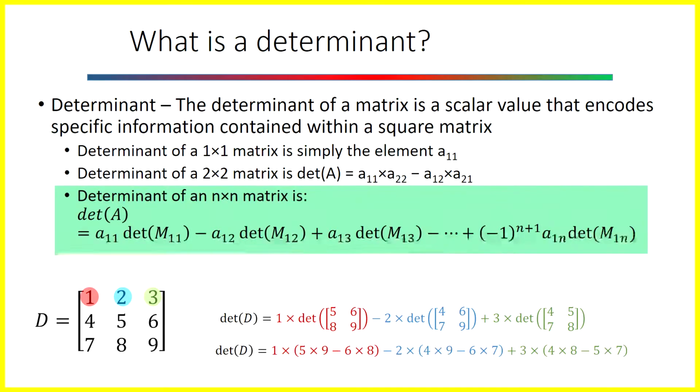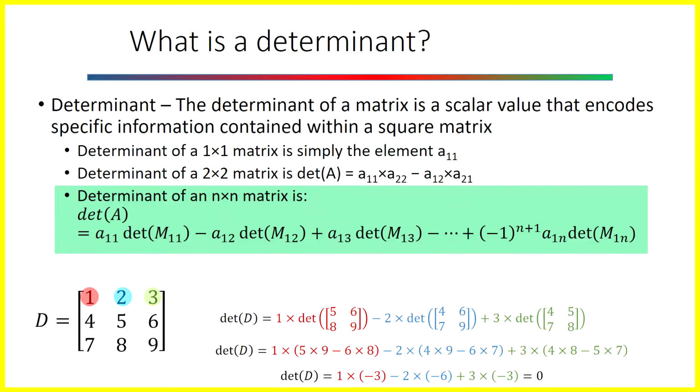The determinant of 4, 5, 7, 8 is 4 times 8 minus 5 times 7. So we can now simplify this to the determinant of D equals 1 times negative 3 minus 2 times negative 6 plus 3 times negative 3, which is equal to 0.